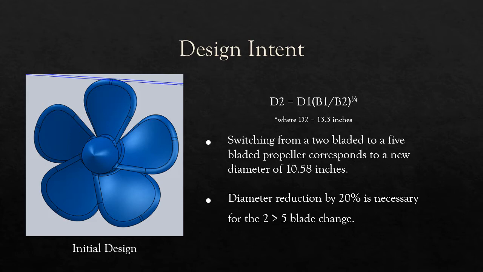To compensate efficiency, the propeller was scaled using the formula shown on the screen. D2 corresponds to the maximum diameter allowed for the design, which was 13.3 inches. And according to this formula, we can state that the diameter reduction by 20% is necessary for the 2 to 5 number of blade changes.